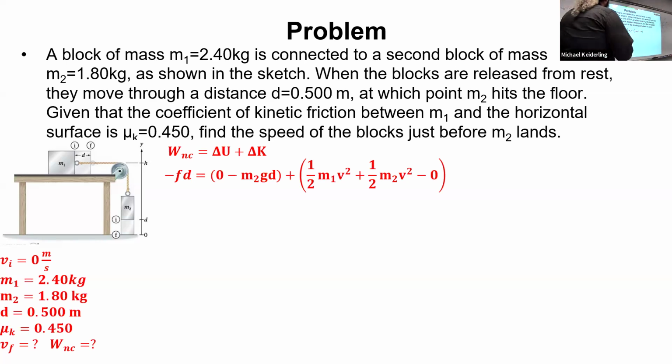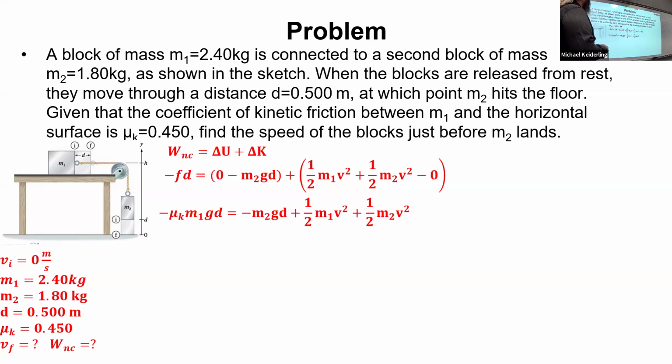So that's minus force of friction times distance, which equals 0 minus M2 g d, because that would be the change in potential energy. It goes down by M2 g d. And the kinetic energy goes up by 1/2 m1 v squared plus 1/2 m2 v squared. And our initial kinetic energy is 0.